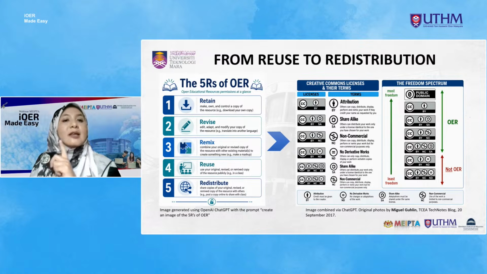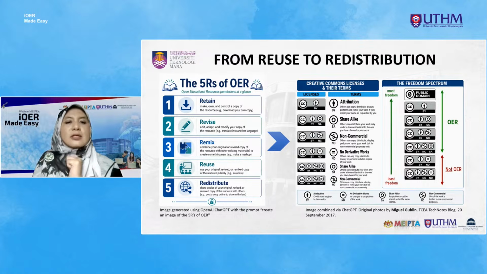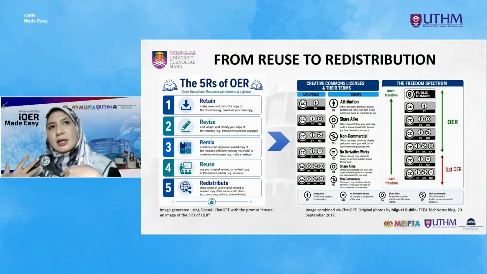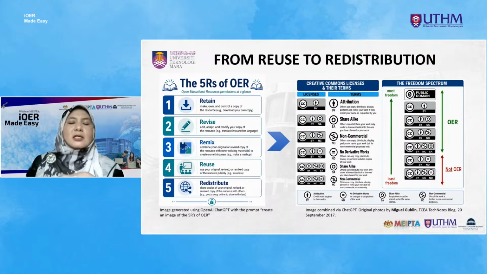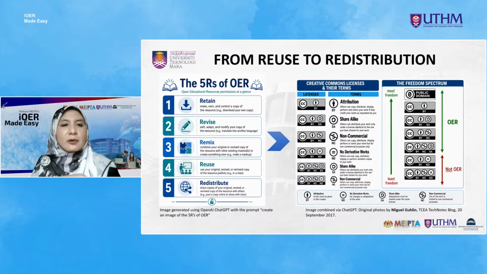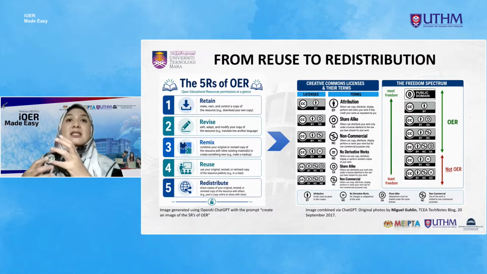Then remix. We also allow them to combine the original or the revised copy of the resource with other existing materials to create something new. Let's say they want to add more graphics, more examples. We need to allow that. Again, they don't have to ask for permission, because the permission is already granted.